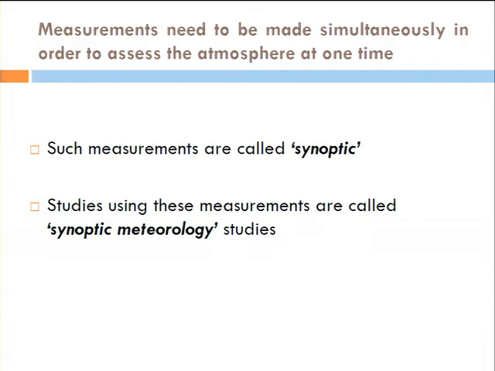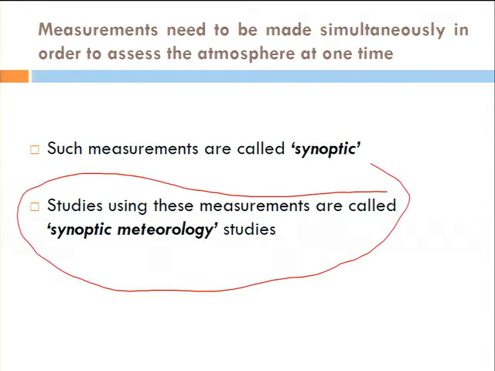And the term synoptic simply comes from the Greek synopsis, so it's a summary of what's going on. And actually, the field of synoptic meteorology is what I specialize in. Again, that's the synthesis of what's going on, either regionally or globally.